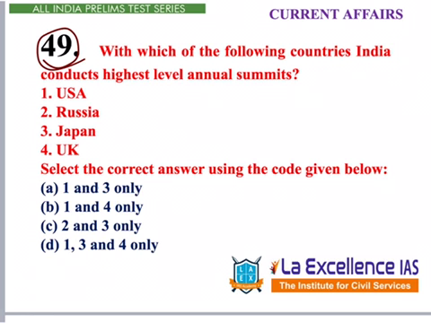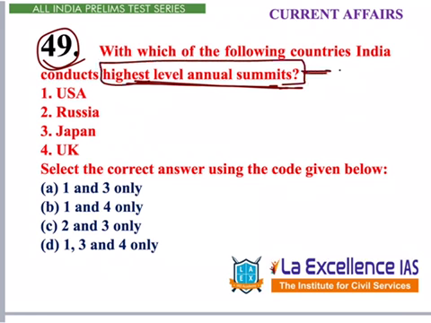This says, which of the following countries India conducts high-level annual summits? Annually, with which countries we have summits? Here, if we know the meaning of this word, highest level annual summit. Highest level means Prime Minister or Presidents.